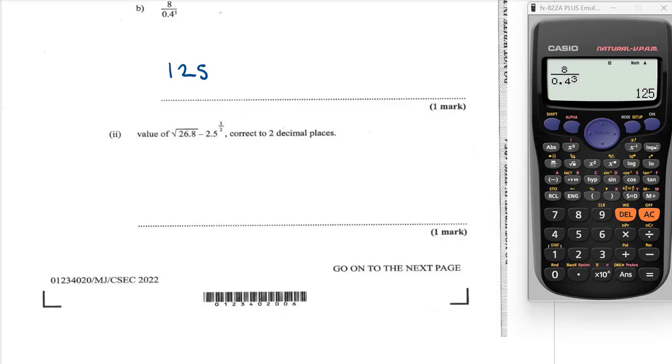Next question. We are finding the value of the square root of 26.8 minus 2.5 raised to the power of 3 over 2, correct to 2 decimal places. So let's clear our calculator again.